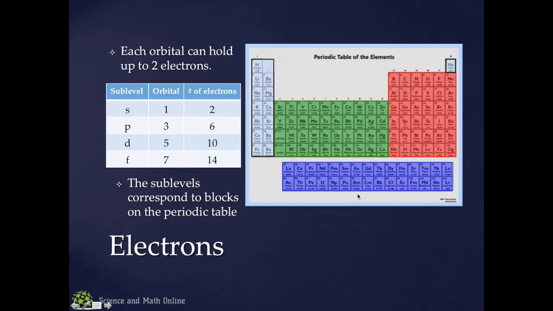And then F's are these crazy guys down here. If you're not familiar with this F block, they go right here. But in order to make the periodic table not be twice as wide, they bump them underneath instead of inserting them here. So they're not inserted here, we just bump them down here in order to save space.